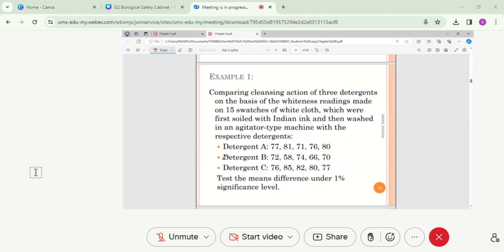So we have detergent A, detergent B, and detergent C. You need to test the mean difference at the 1% significance level. Normally we use 5%, this time I change to 1% to make it stricter.